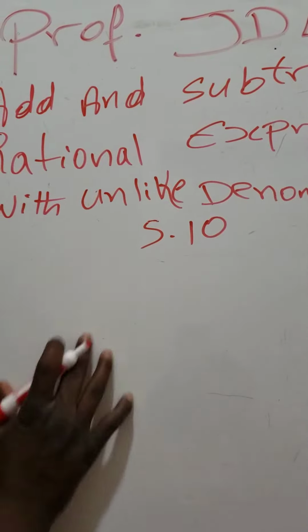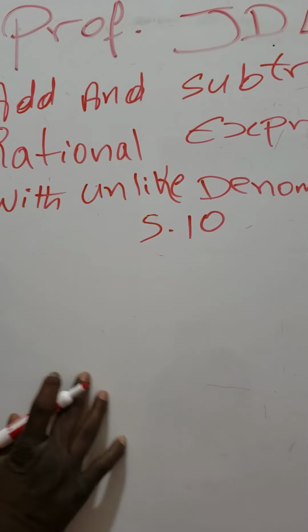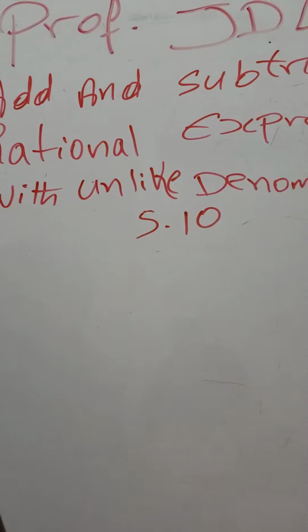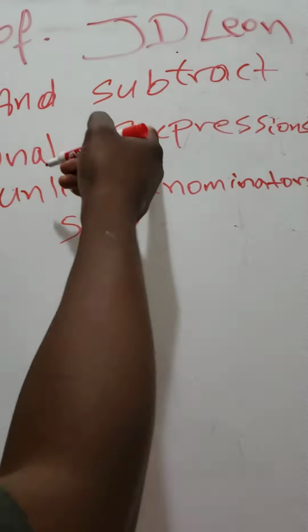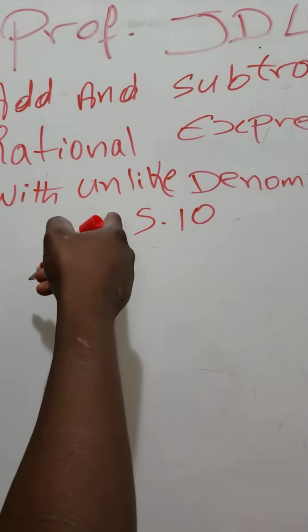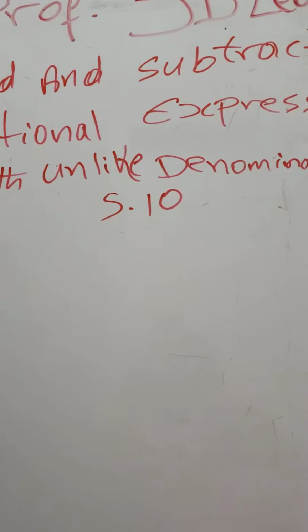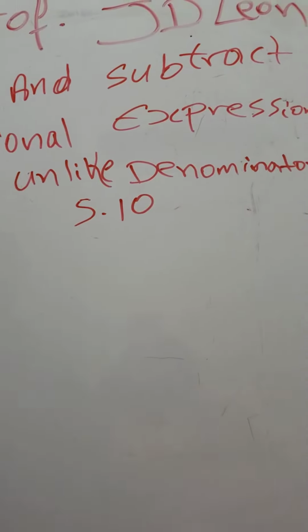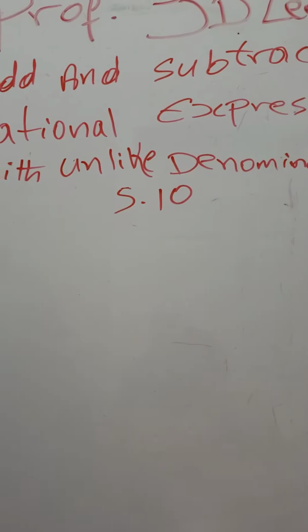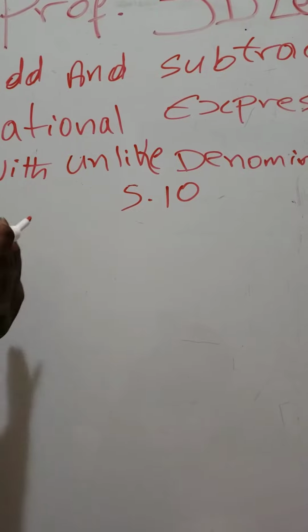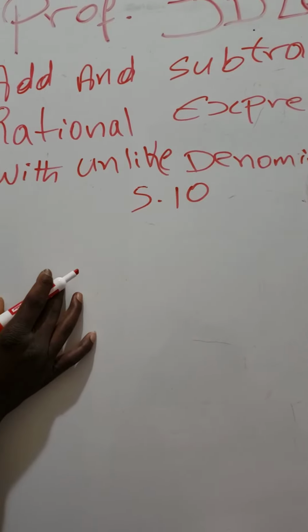All right, so now when we are addressing adding and subtracting rational expressions with unlike denominators, there are three steps that we have to consider.